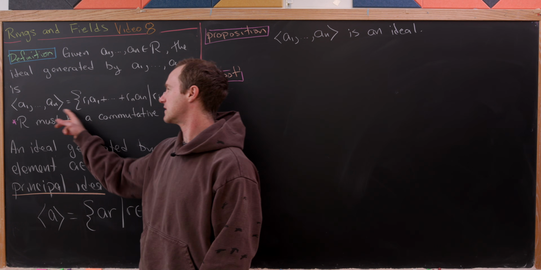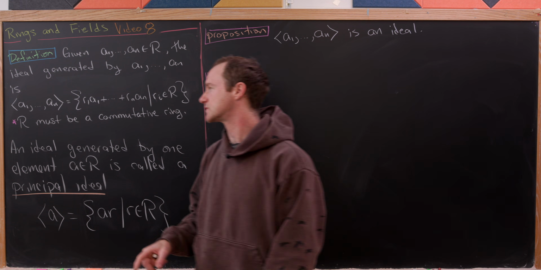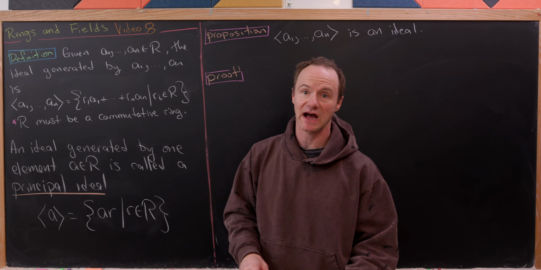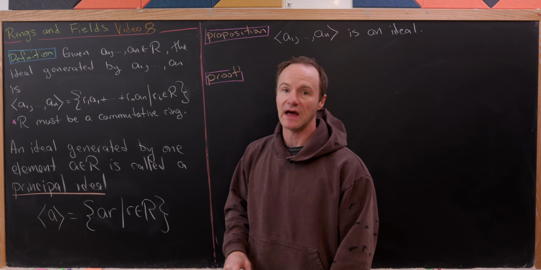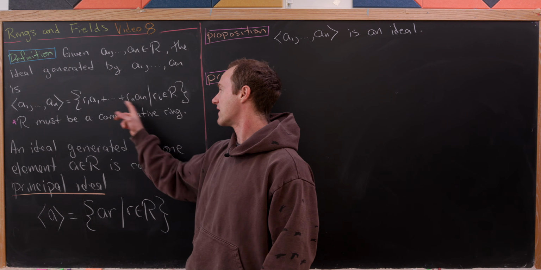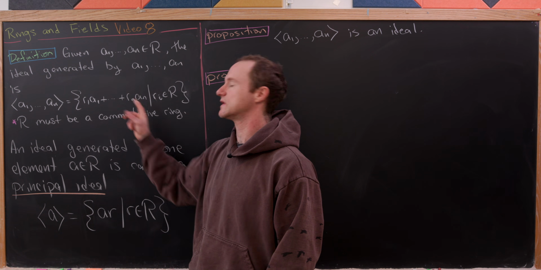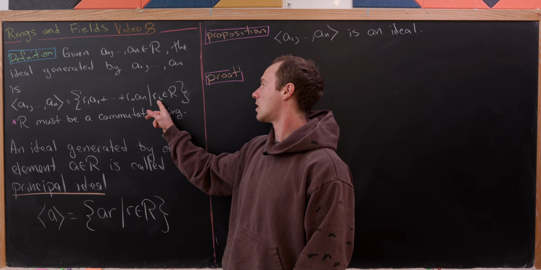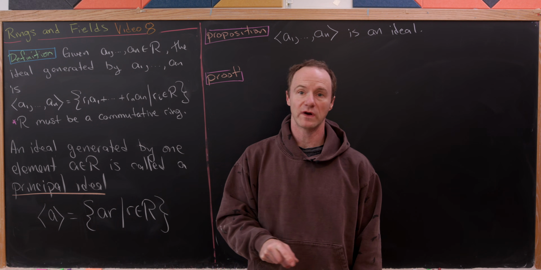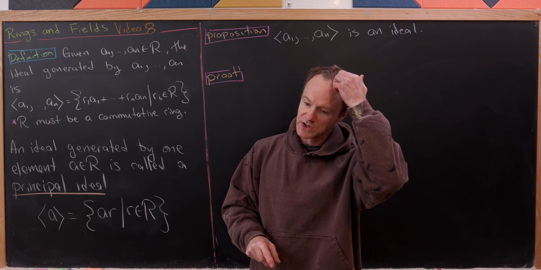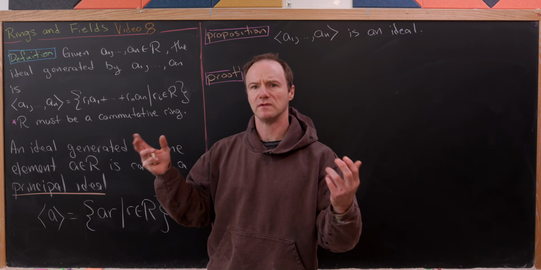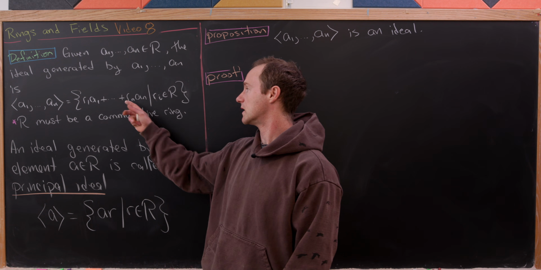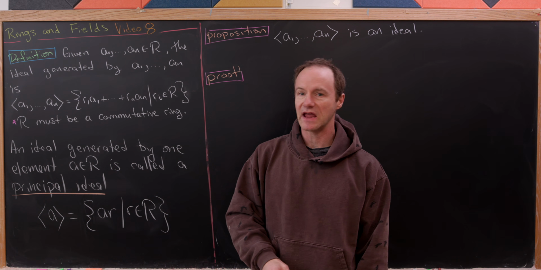The notation is going to be like this. We'll have these angled brackets with a1 up to an inside of the angled brackets. And that's going to be defined as everything of the form r1a1 plus r2a2 all the way up to rnan, where ri is an element of the ring R. So you can think about this as taking linear combinations, if you will, of our elements a1 up to an.